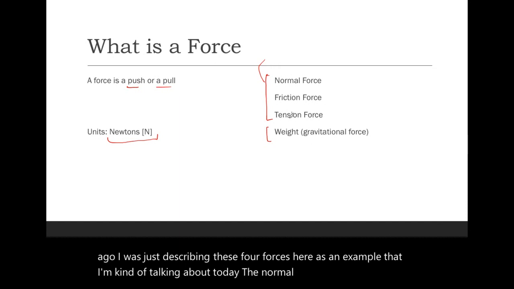And the gravitational force, or weight, is a long-range force, because it happens at a distance. It doesn't have to be in direct contact with the object to affect it. So: contact forces and long-range forces.